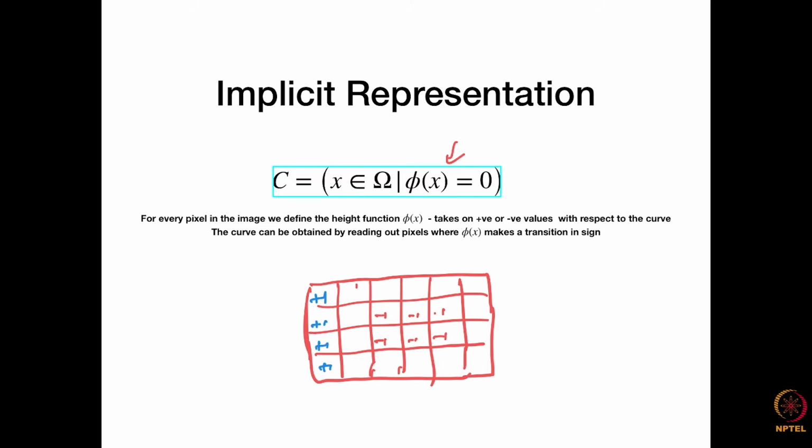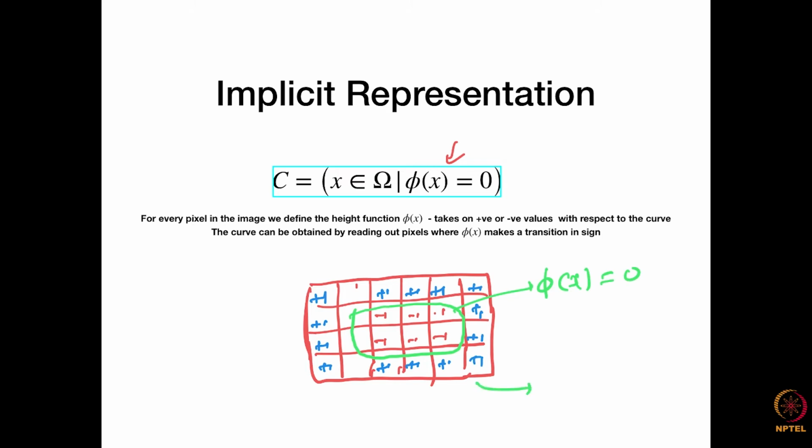You would do something like this: plus 1 everywhere outside, and -1 inside. So your curve would be something of this sort, right? This would actually be your curve, because that's where the transitions happen. And this would be the value phi of x.